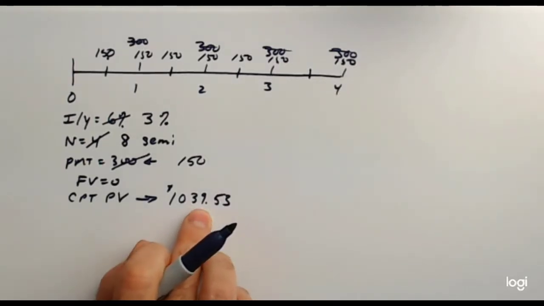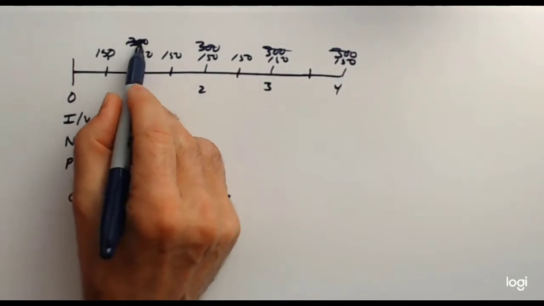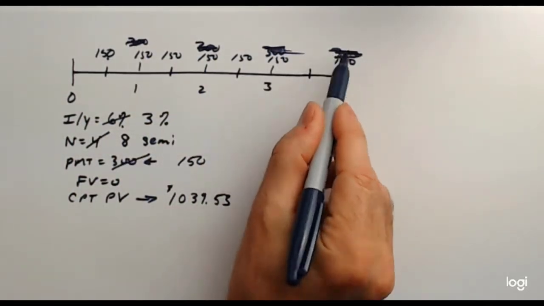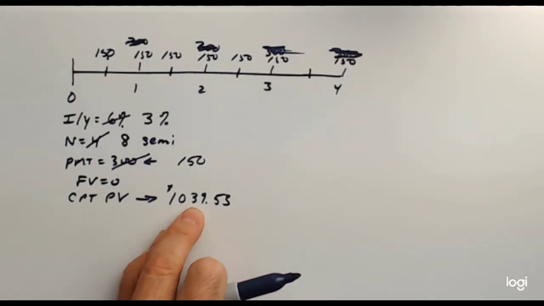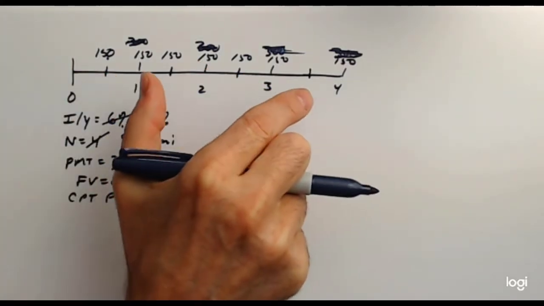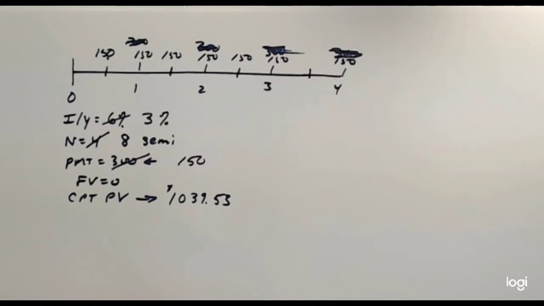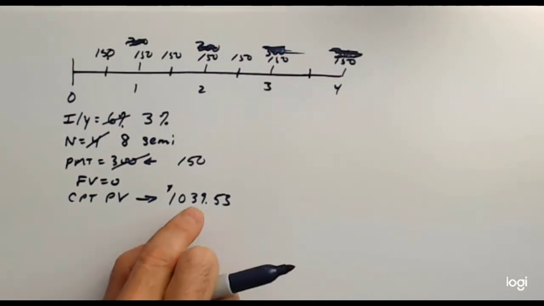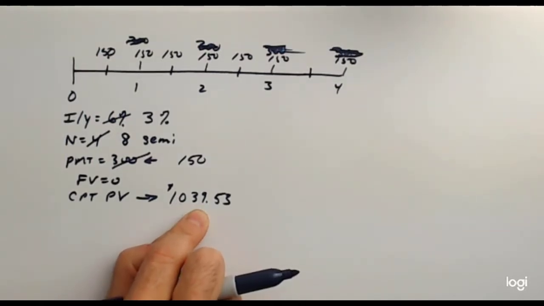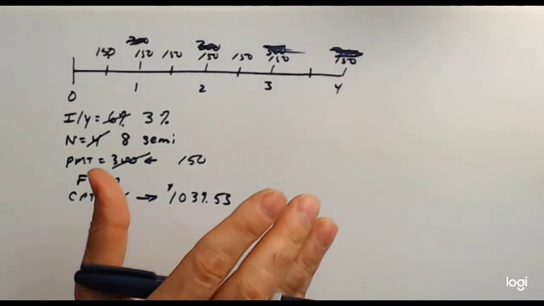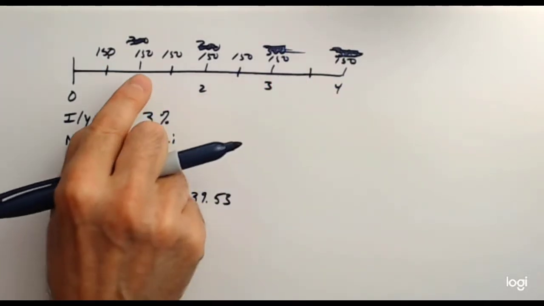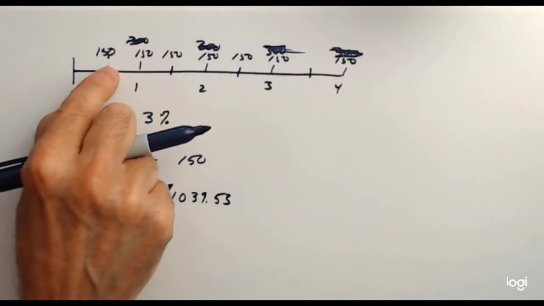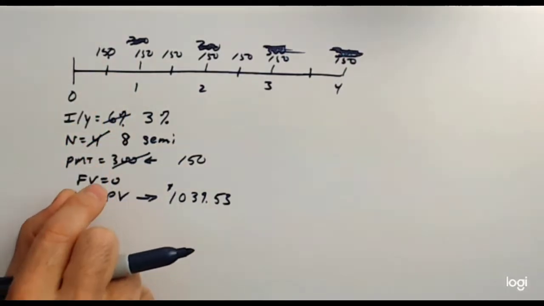Before we go any further, ask yourself: will this annuity, now with 8 semi-annual periods, be worth more than what we just calculated on an annual basis? You should ask yourself that. If you think about it carefully, what has happened is you're getting cash flow a little faster in the semi-annual case.